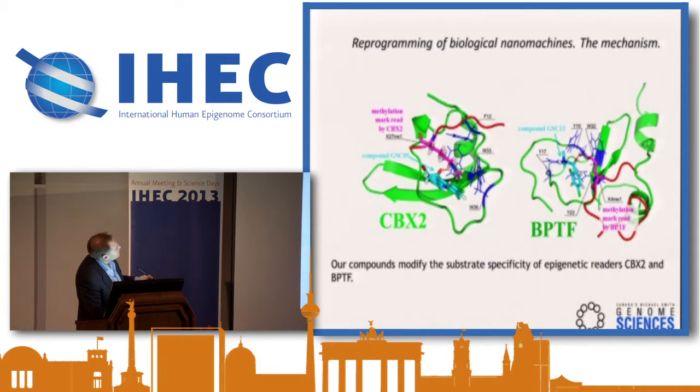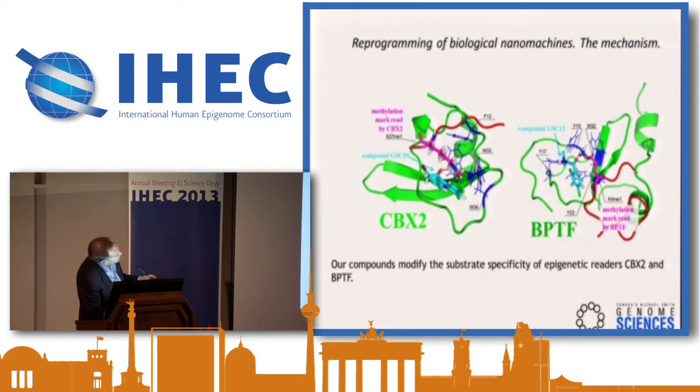So CBX2, for instance, we have a compound here in turquoise, and this is actually in purple. This is the histone tail coming in. This is actually the monomethylated tail, and the idea is that it interferes with the monomethylated tail in this case. Very similar for BPTF.